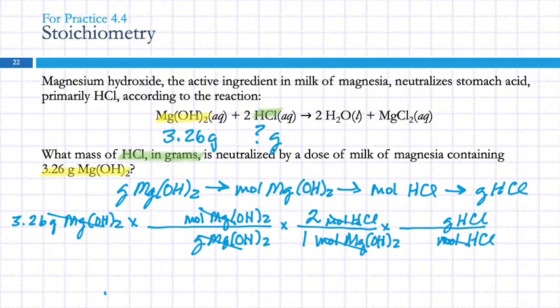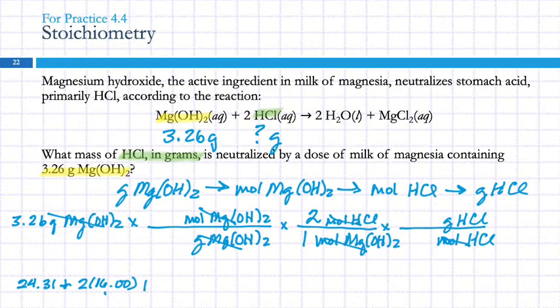And then we have to go calculate some molar masses again. Magnesium, 24.31. So 24.31. How many oxygens in this compound? 2. 2 times 16.